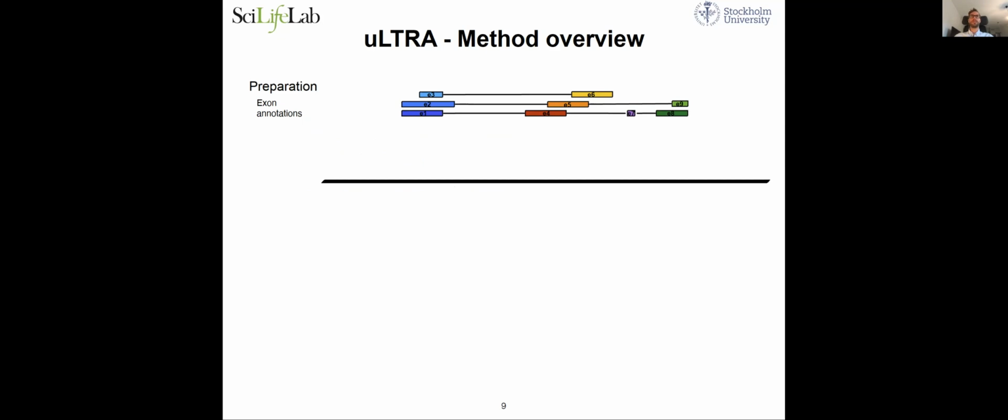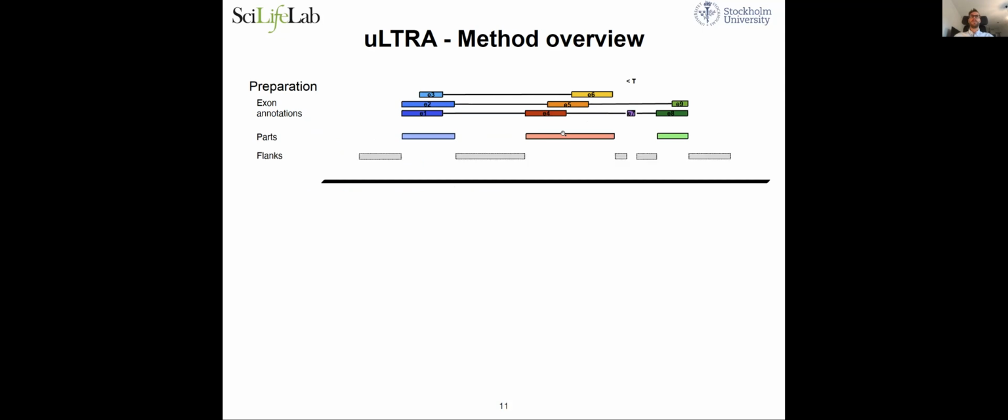So in this figure, we see 3 different transcripts, and they in total contain 9 different exons. And what we do is that first we store something called parts, which is the union of overlapping exons.